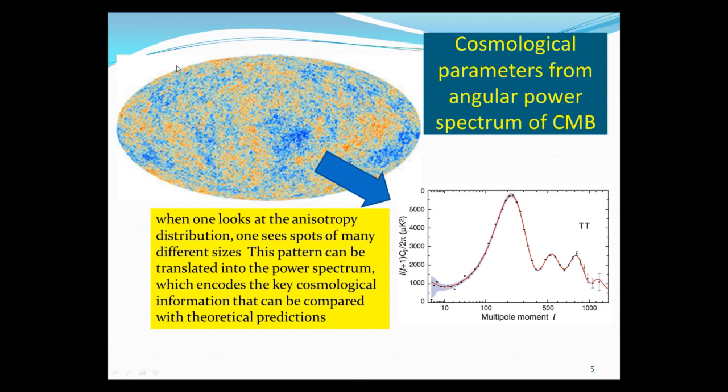So from the observed anisotropy, we can obtain the cosmic parameters from the angular power spectrum.